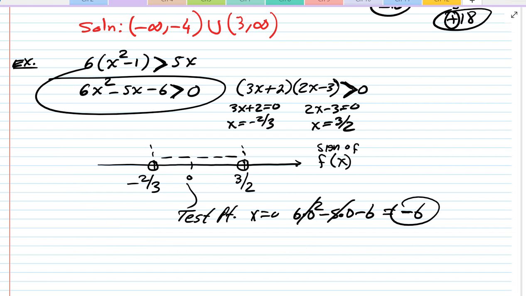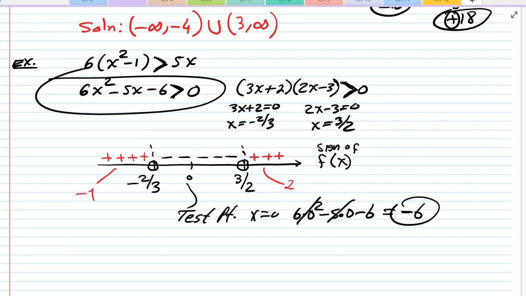Now you can try these other two segments, and when you try it, you're going to see that these alternate to a plus here and a plus here. Okay. Therefore, for the test point here, for example, let it be 2. Down here, let it be -1. And you can see that you get those positive signs for the function.